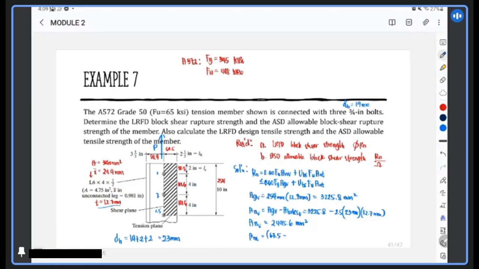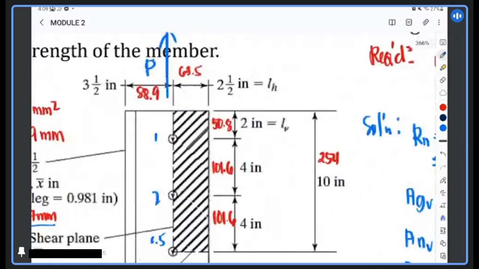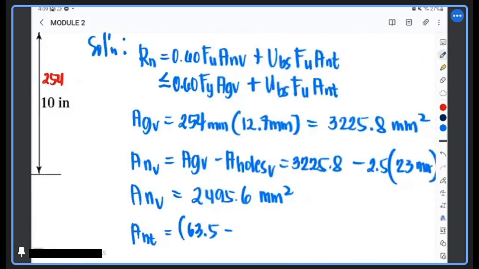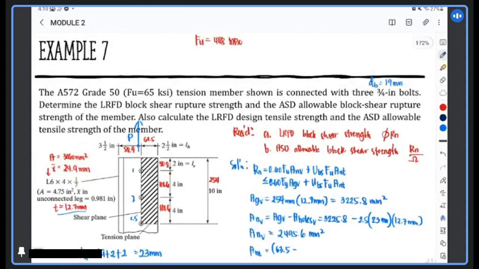So that's 63.5 minus 1/2 of 23, kasi kalahati lang yung minus mo na butas. What's 23 divided by 2? 11.5. That length minus the thickness of the angle, which is 1/2 inch or 12.7. And that's the net area for tension: 660.4.